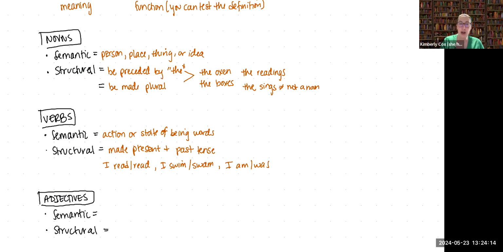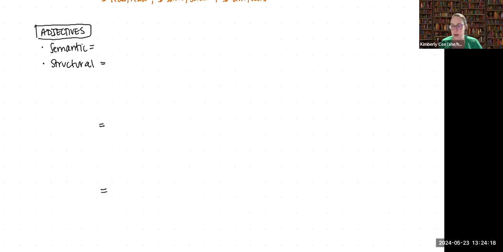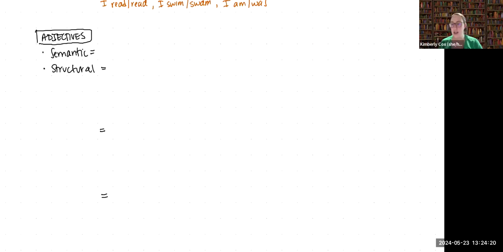So as far as adjectives go, these get a little bit more interesting, or I should say a little bit more detailed. So what I learned about adjectives was that they describe nouns, right? Words that describe nouns. Not terrible, but again, not as specific as it could be.